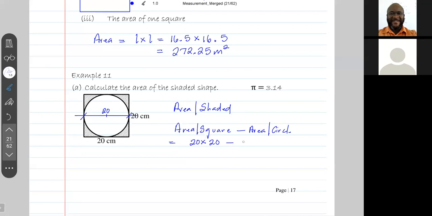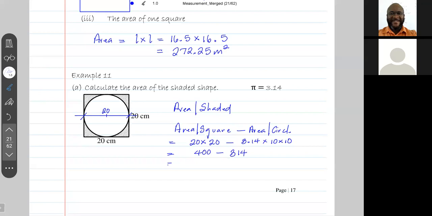So the area is pi r squared, which is 3.14 times the radius, which is 10, multiplied by the radius, which is 10. This is 400 minus 314.